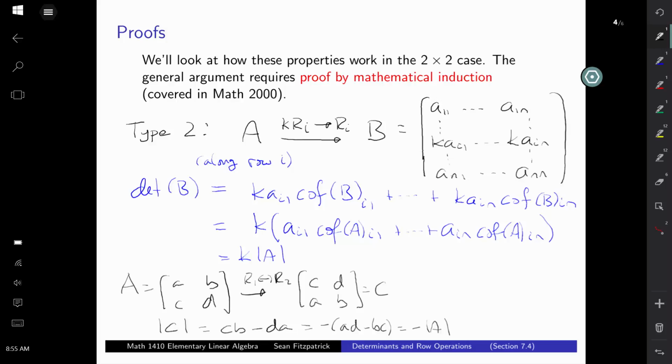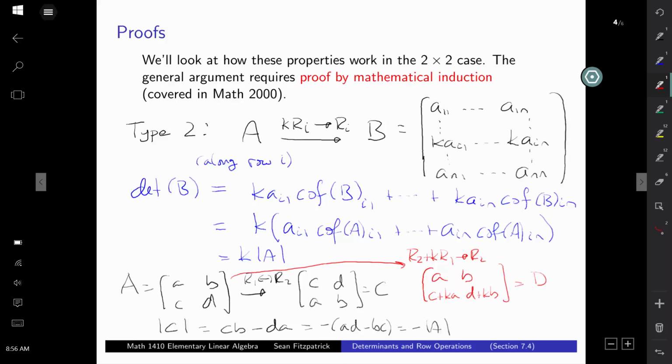And similarly, let's say I do row 2 plus k row 1 into row 2. Then I would get a, b, c plus ka, d plus kb.